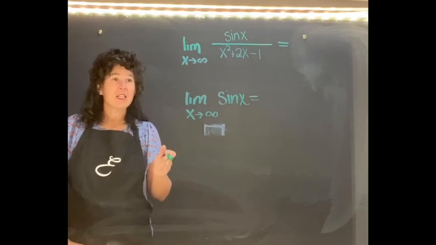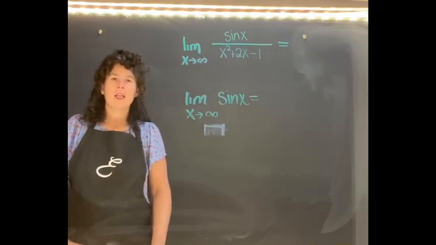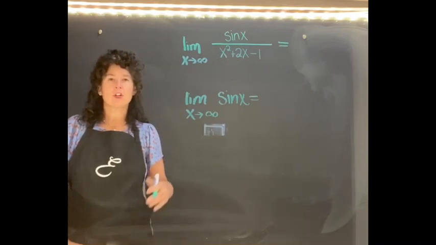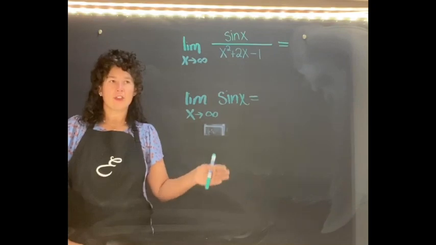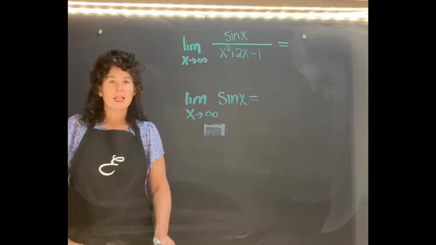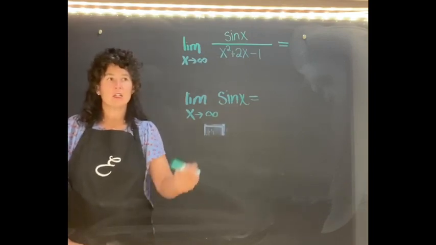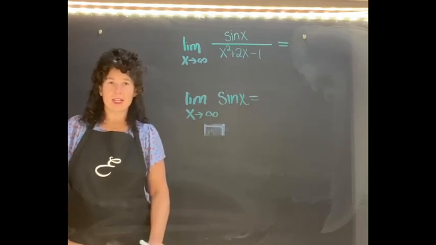Here we have the limit as x goes to infinity of some oscillating functions. As I substitute in numbers that are larger and larger, the sine of 10, 100, 1,000, and so forth, our answers are going between 1 and -1. And when I substitute in numbers into the denominator that are larger and larger, we have a positive answer.